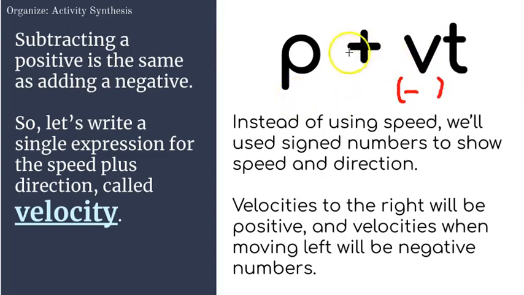And still, remember that adding a negative is the same as just subtracting a whole number, right? So we could leave it like this, but then we know that velocity could be either positive, which we don't have to do anything to add a sign to, or it could be negative, and at the end, your answer is going to end up being negative for these two together.